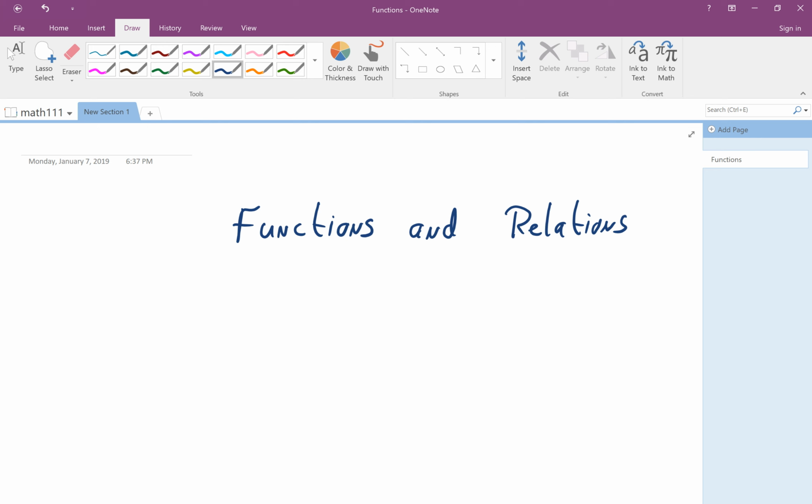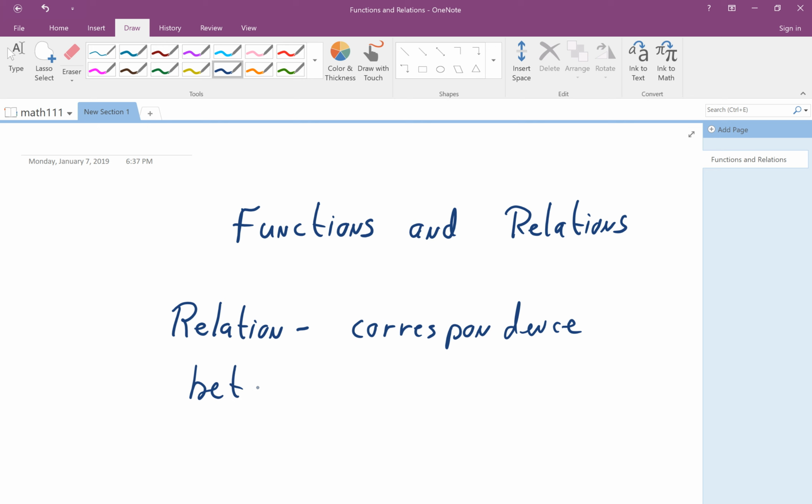Before we talk about functions, let's talk about what a relation is. A relation is basically a correspondence between two quantities.